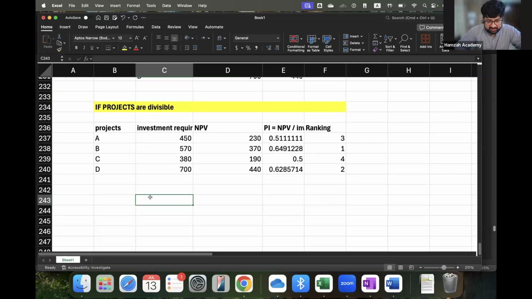Now investment plan. So first of all, which project will we choose? Available funds and NPV earned.